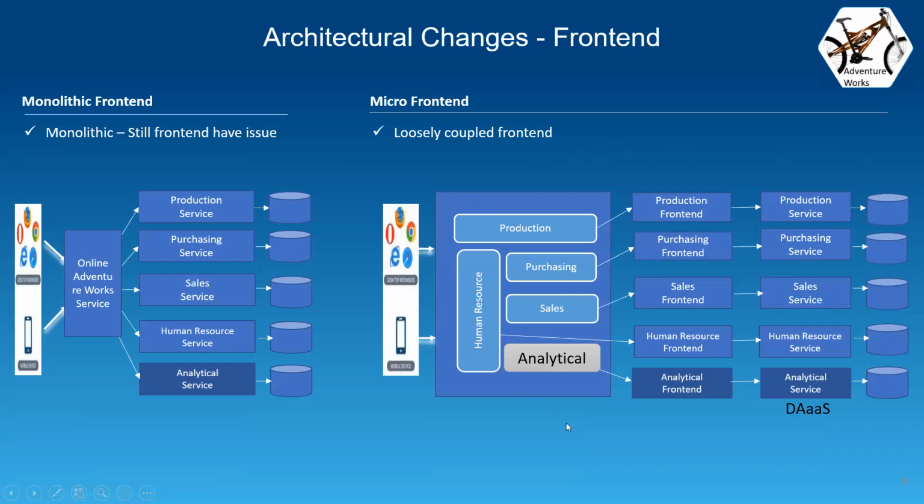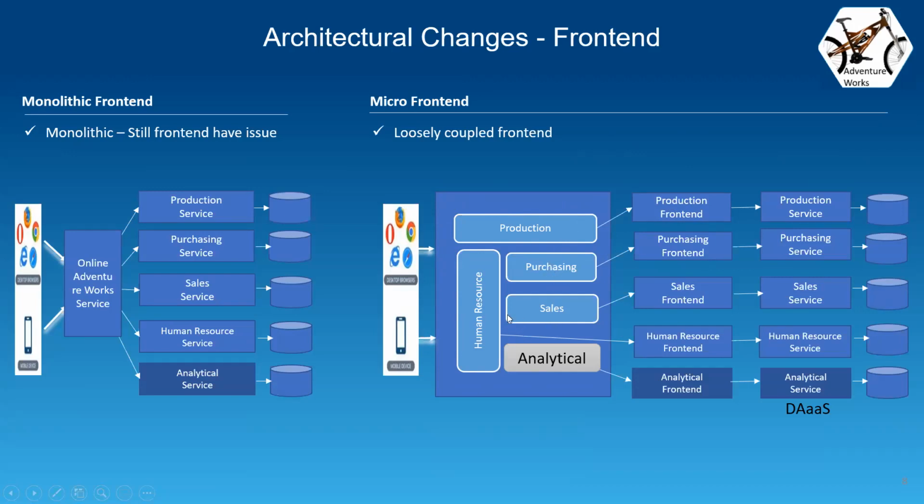This is the final architecture. Here we are introducing multiple front ends. The user will have the illusion that they are interacting with one page, but underneath it will be multiple technologies. Production may be in Angular, or purchasing may be in React.